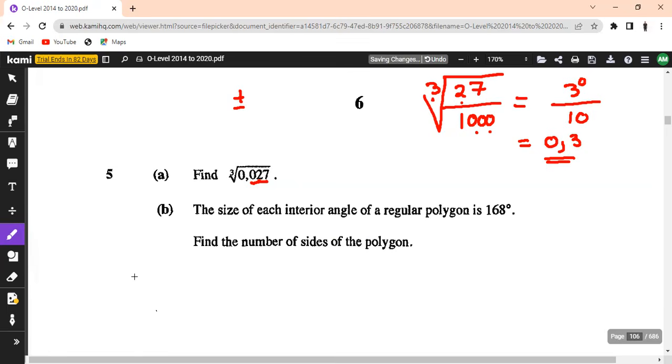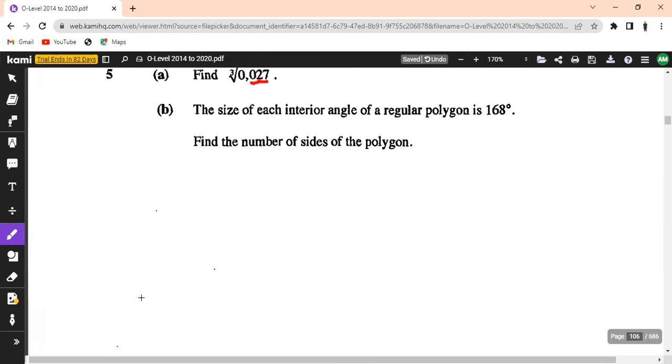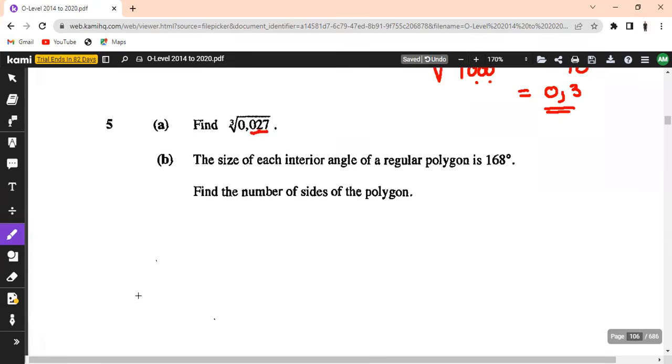All right, number 5, we are given the size of each interior angle of a regular polygon. Take note, this type of question, guys, we've worked this so many times. It's a regular polygon and it's 168. Remember, I told you there are so many ways that you can find the number of sides of this polygon.